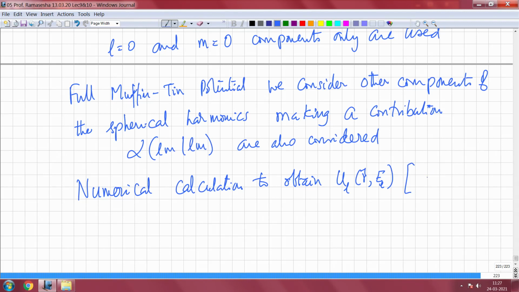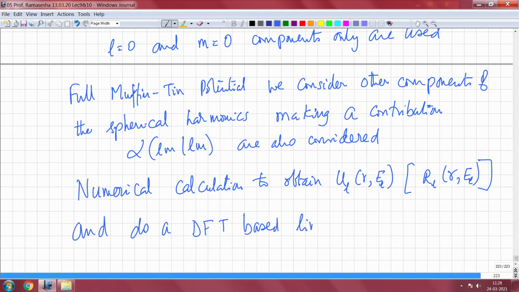We used the notation earlier which was RL, this is not a vector. We use the numerical calculation to obtain UL R comma EL and do a DFT based linear APW, probably with local orbitals.